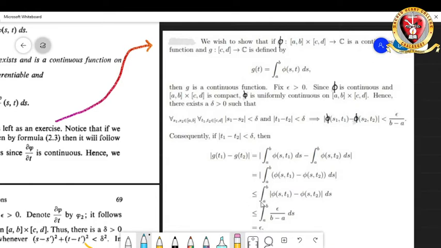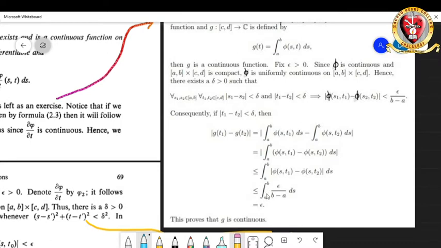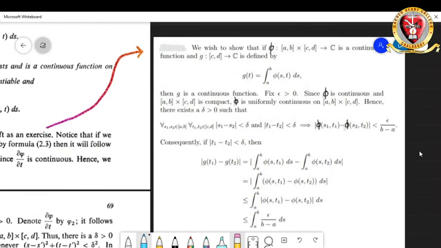So it is less than or equal to the integral from a to b of modulus of phi of (s,t1) minus phi of (s,t2) ds, which is less than or equal to the integral from a to b of epsilon by b minus a ds. When this is integrated, epsilon by b minus a is a constant, and the integral of ds from a to b is b minus a, so you cancel out b minus a to get epsilon. So modulus of g of t1 minus g of t2 is strictly less than epsilon whenever modulus of t1 minus t2 is strictly less than delta, which implies g is continuous.